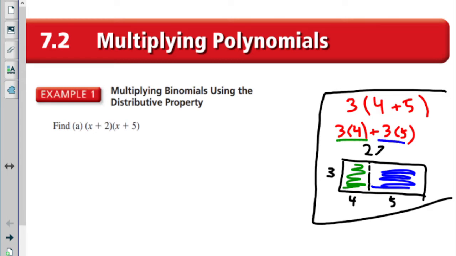Here's how I would find my blue area. And then my entire area is the part at the top, taking the 4 plus 5, combining it together, and then multiplying by 3. So we think of this more in terms of algebra, but you can also think about it in terms of geometry. The geometry says that if I take these smaller rectangle areas and add them together, I get the entire rectangle area.